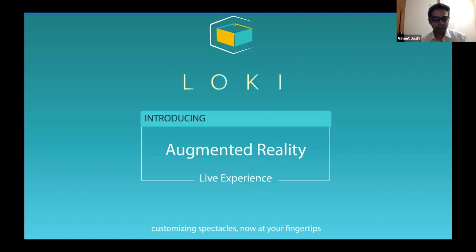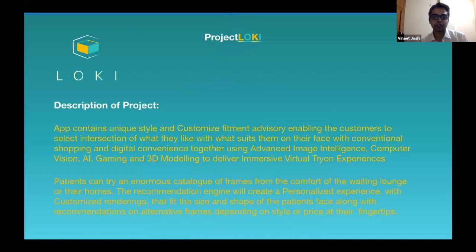Coming to one of the final ventures in augmented reality, I would say this is the most recent one, where augmented reality has been a very good part of even shopping malls and online shopping. So we tried our chance at how to customize spectacles at your fingertips using augmented reality.